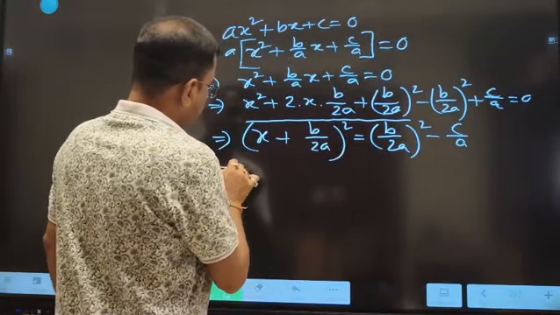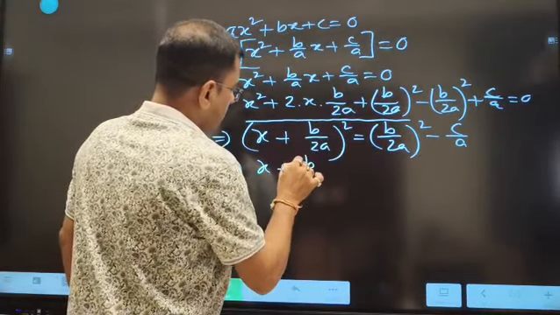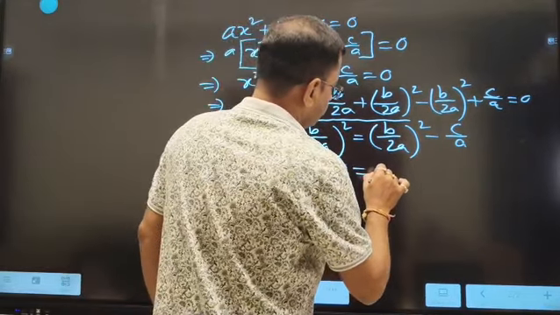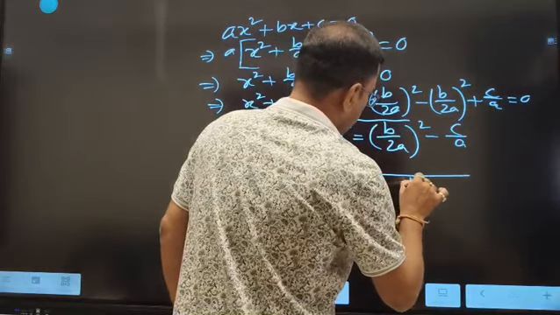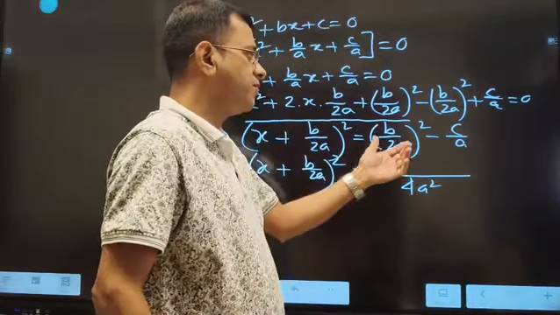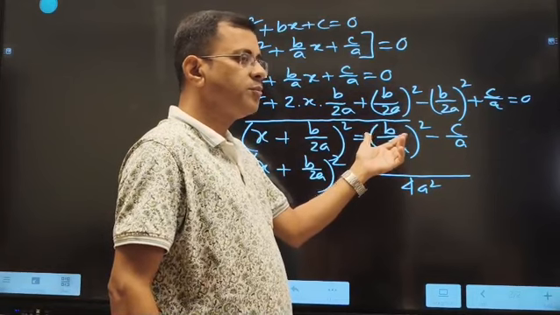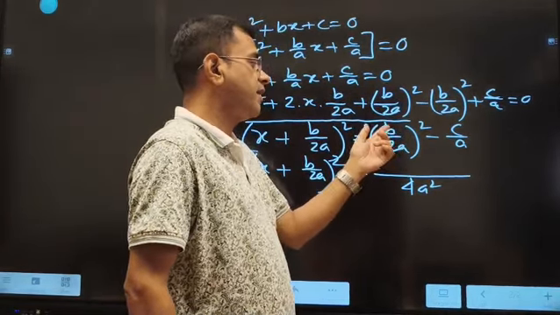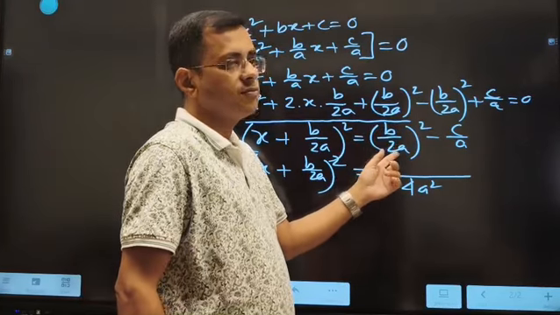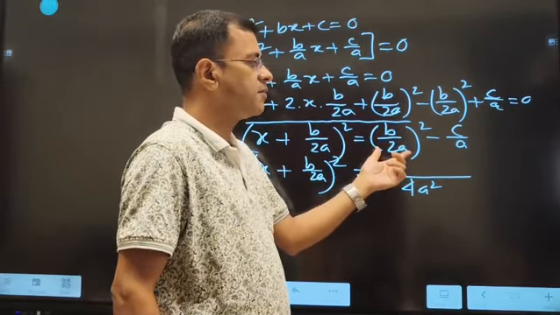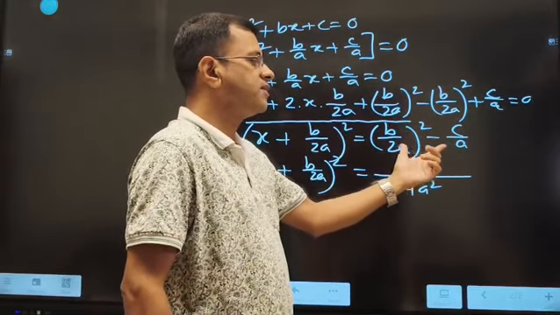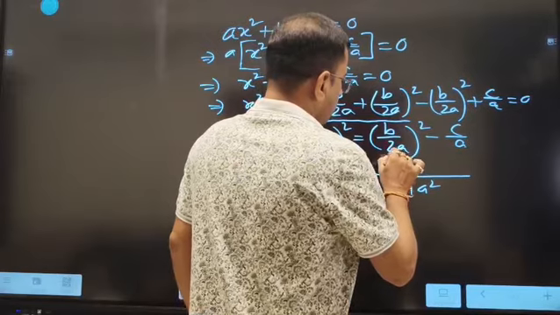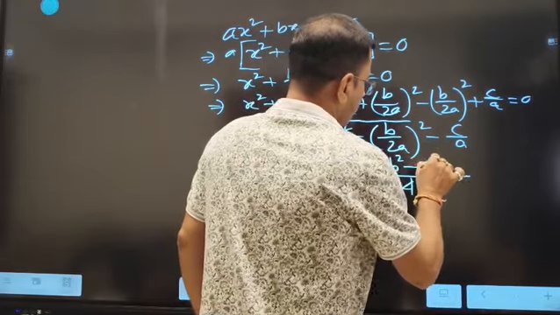So x plus b by 2a whole squared is equal to b squared divided by 4a squared minus c by a. The LCM of the denominators is 4a squared, so the numerator becomes b squared minus 4ac.